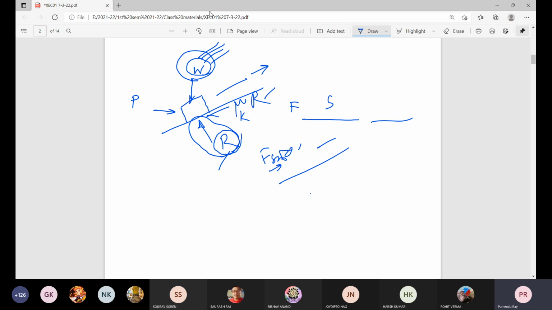Okay, and moreover, directly we can get the velocity, that is also there. We don't need to find the acceleration. Okay. Now let us think about some common example.